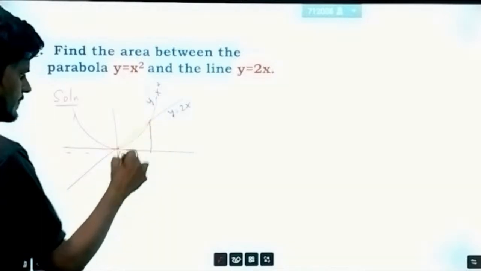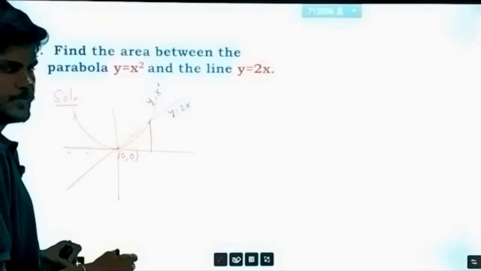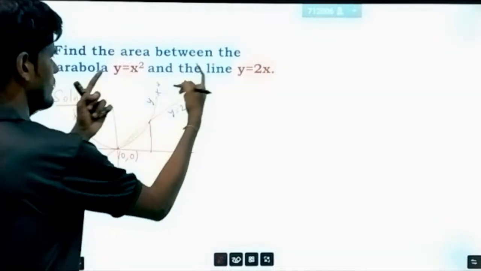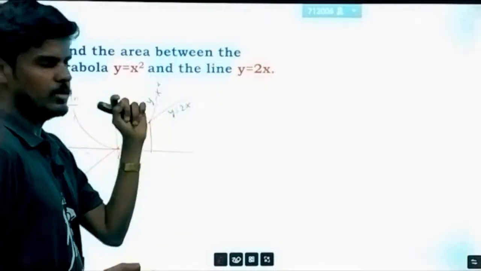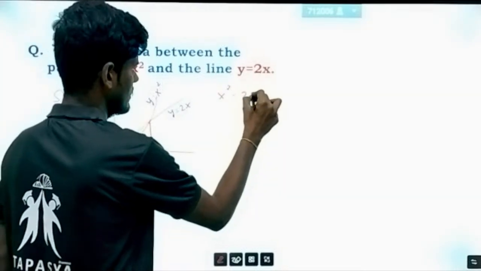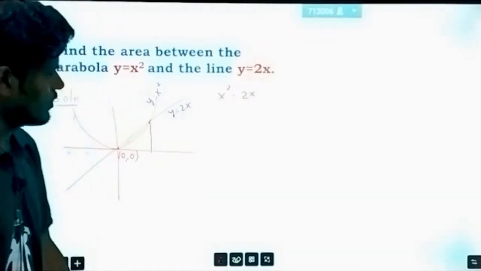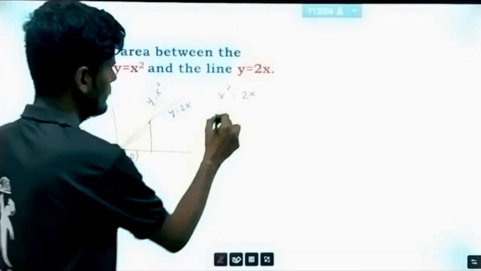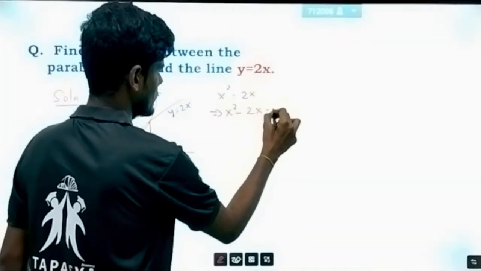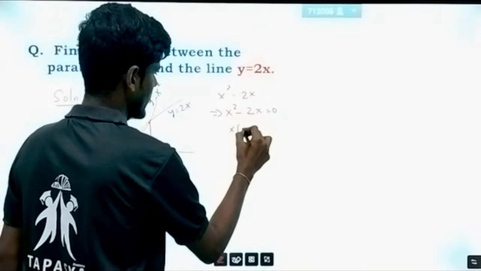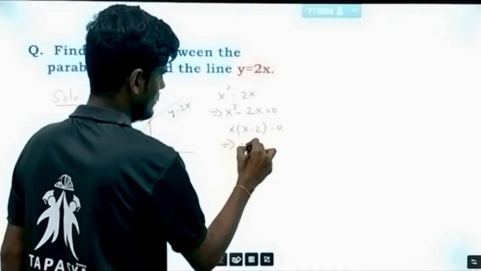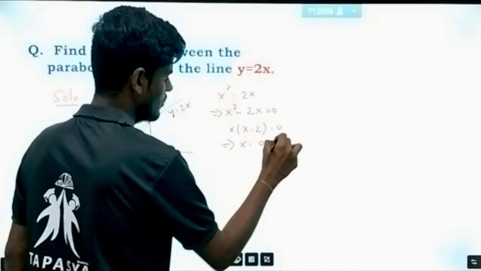What about this point? We have to equate these two, as when we are finding point of intersection, both are y is equal to x square and y is equal to 2x. That means x square will be equal to 2x for point of intersection, which means x square minus 2x equal to 0. X into x minus 2 equal to 0, which means x is equal to 0 or 2.